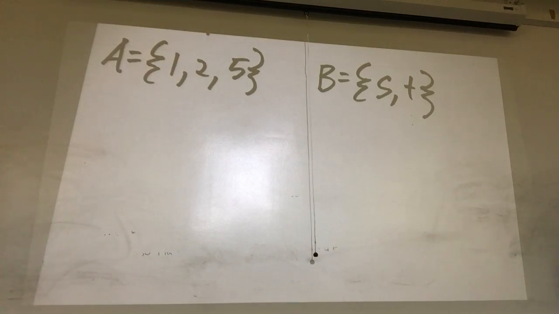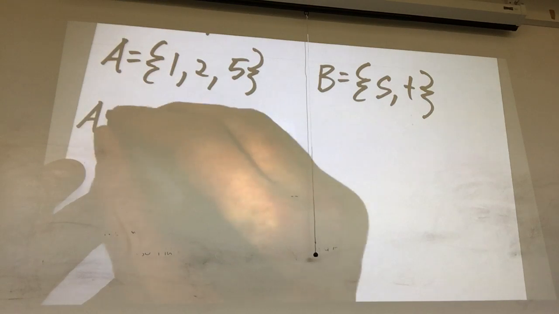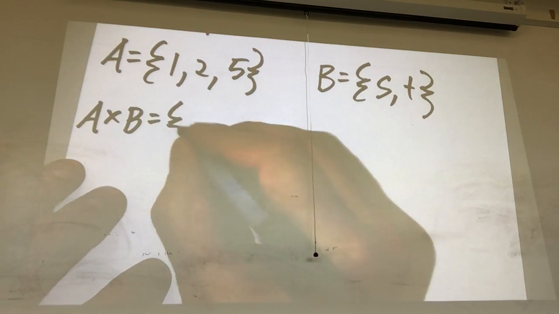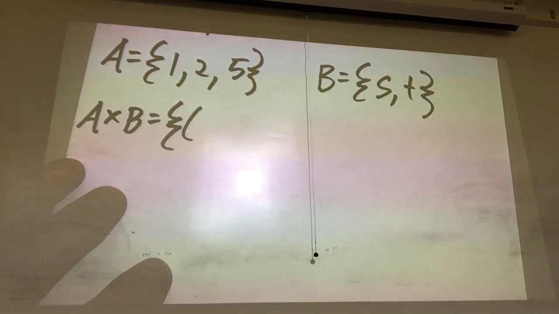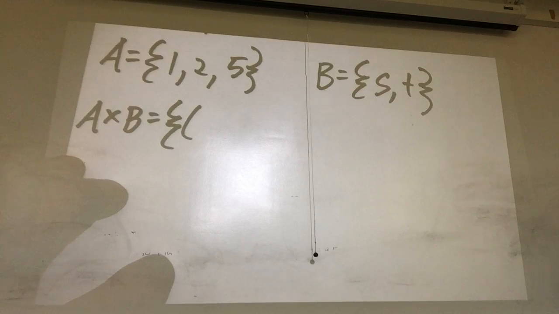So, A cross B would equal the set, okay, I'm going to write this. Remember, the ordering doesn't matter when you're talking about the set. The ordering does matter when you're talking about the ordered pairs. So, when talking about the ordered pairs, A always has to come first, okay?